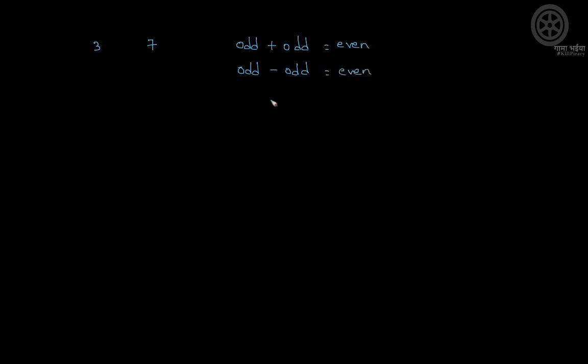You can take any numbers. If you take 17 and 11, 17 plus 11 is 28, even, and 17 minus 11 is 6, even, right? Now if you multiply odd into odd, 3 into 7, you get 21. 5 into 3 is 15. So odd into odd is always odd, right?